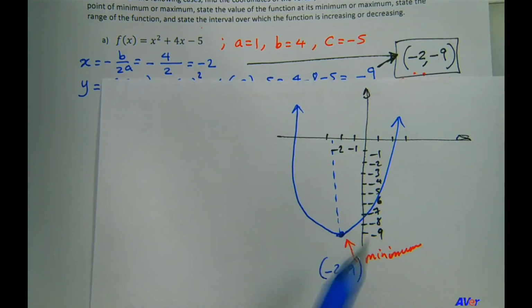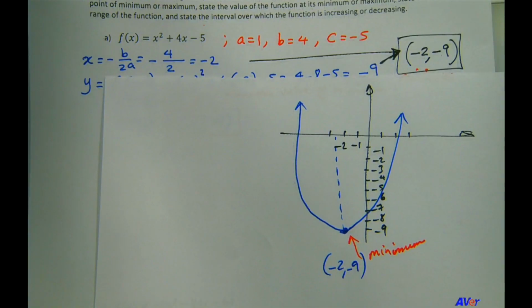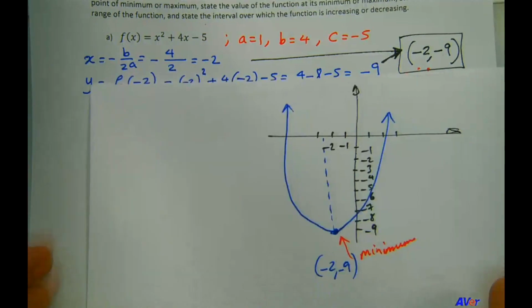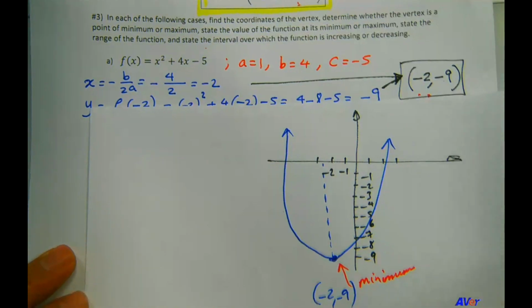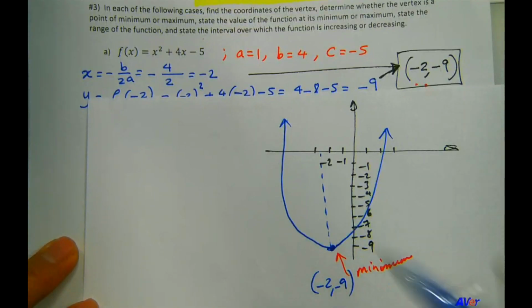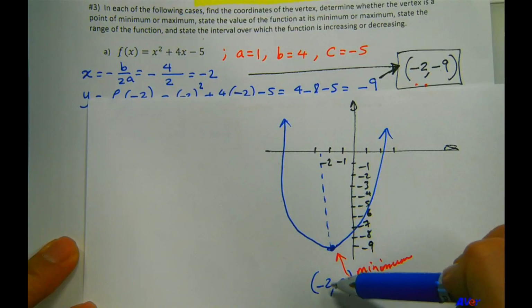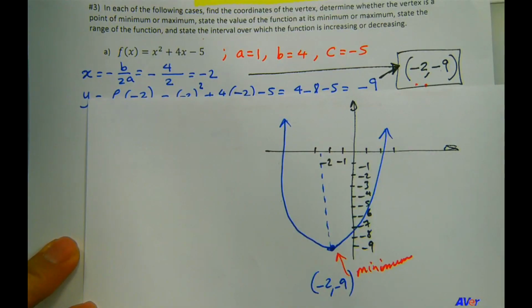right? The coordinates of the vertex have a lot of information attached to them. So this question is demonstrating that we can extract all kinds of information from the vertex, right? If we know where the vertex is, we can give the range, which we just gave. We can now tell from where to where the function is increasing or decreasing.